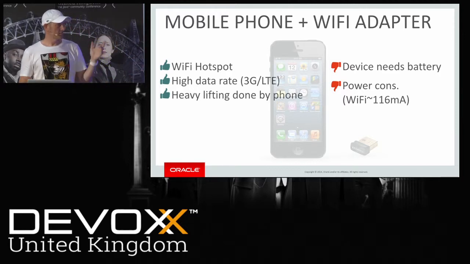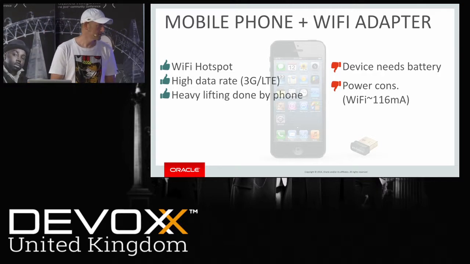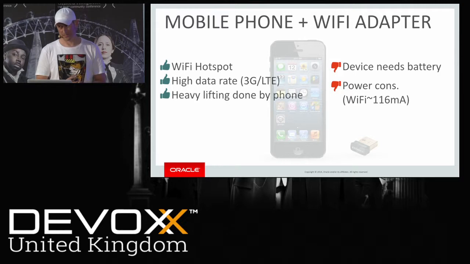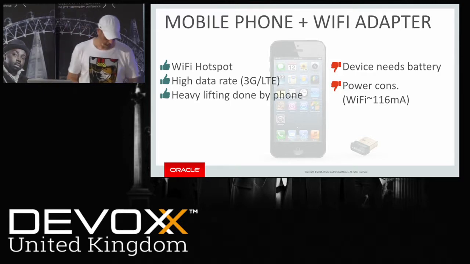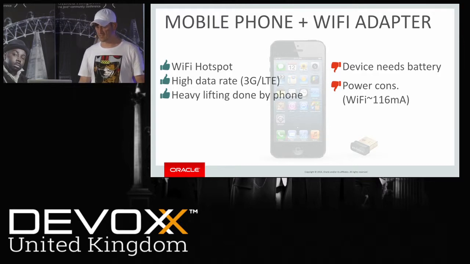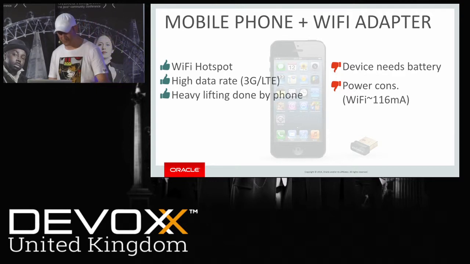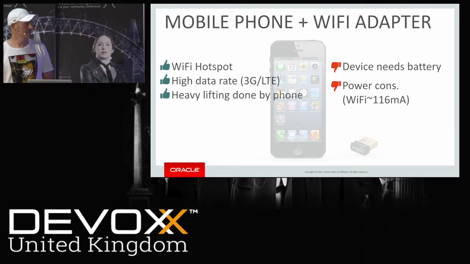The problem is your device then definitely needs a battery, and the power consumption of Wi-Fi is really high. If you imagine you have the wearable in one pocket and the phone in the other, and then you have a Wi-Fi network for that, it doesn't really make sense. It works very easily, but that's not the way to go.